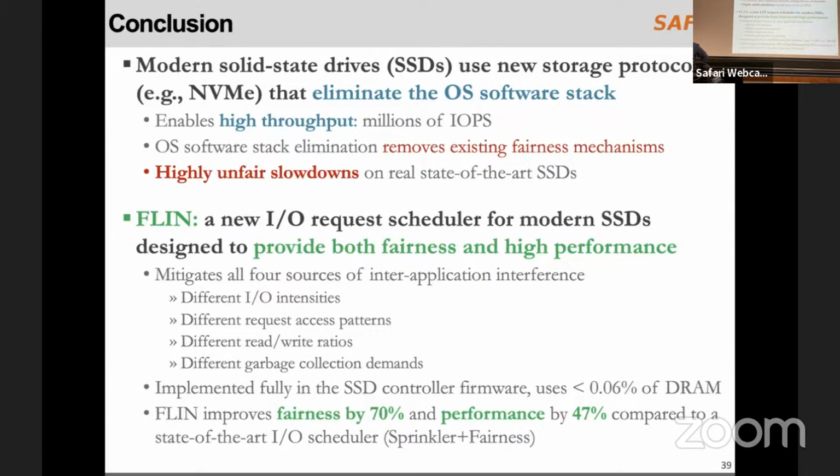Now the question is, what is next? Do we need something on top of FLIN? Any thoughts? People have looked into more fine-grained control. In FLIN, we have a kind of binary categorization, low intensity and high intensity.